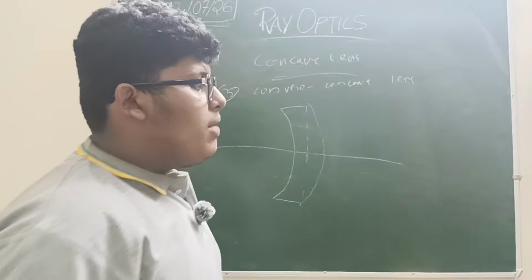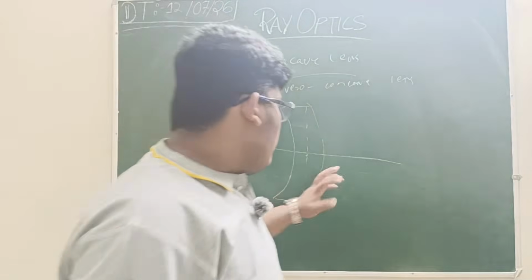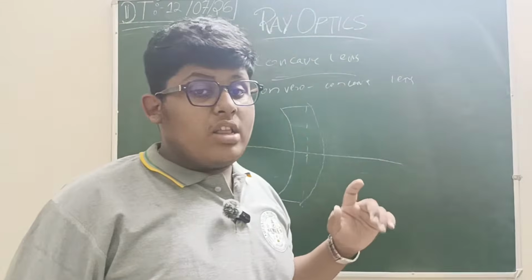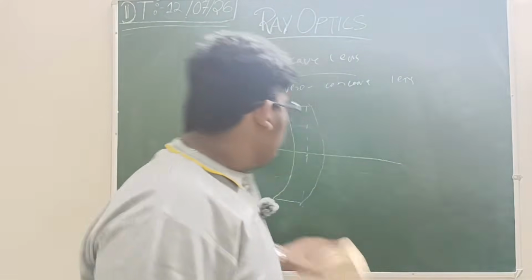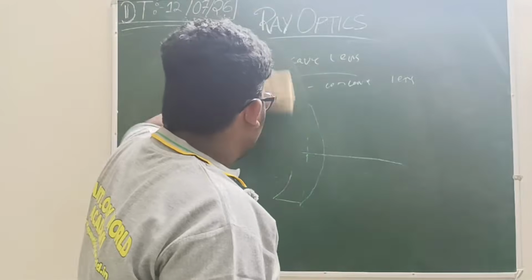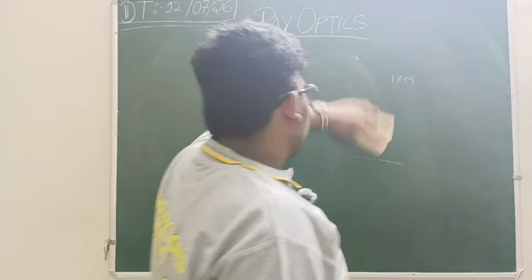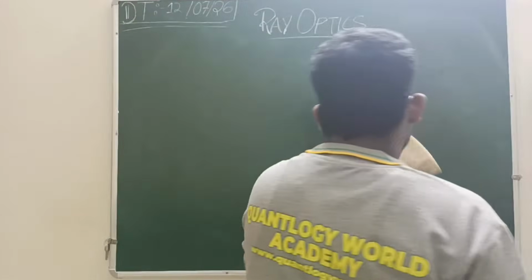This is the general diagram of convexo concave lens, which uses one concave mirror and another convex mirror to form. So we have completed concave lenses. Then we will proceed to convex lens.